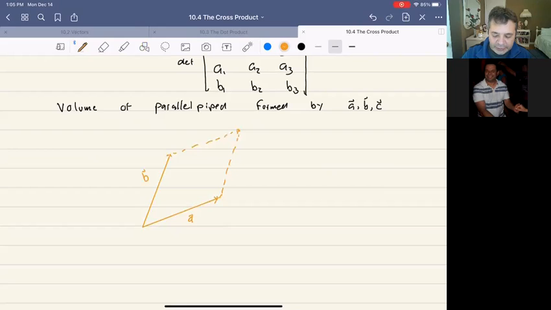And then C is going to come out like so.